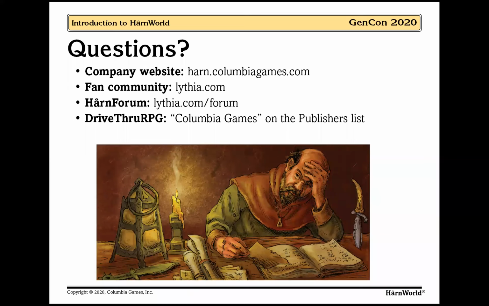If you're looking to purchase things, most articles are sold individually. So you can just buy the little things that you want, the bits and pieces as you want them. Columbia also offers a subscription product called HârnQuest, and it's not like a 1-year subscription. It's kind of an open-ended thing.